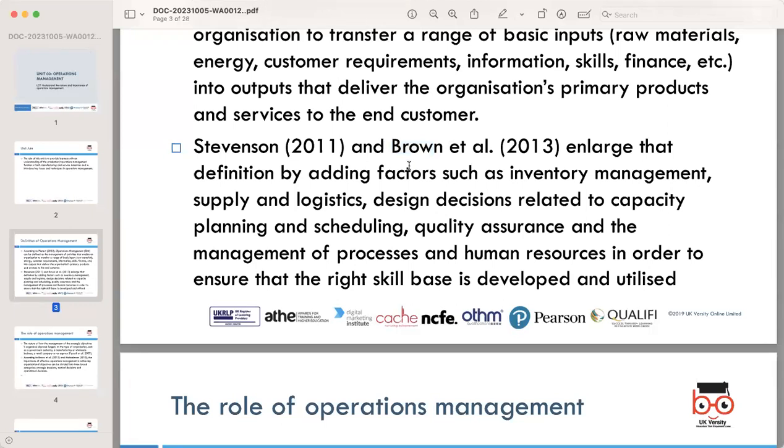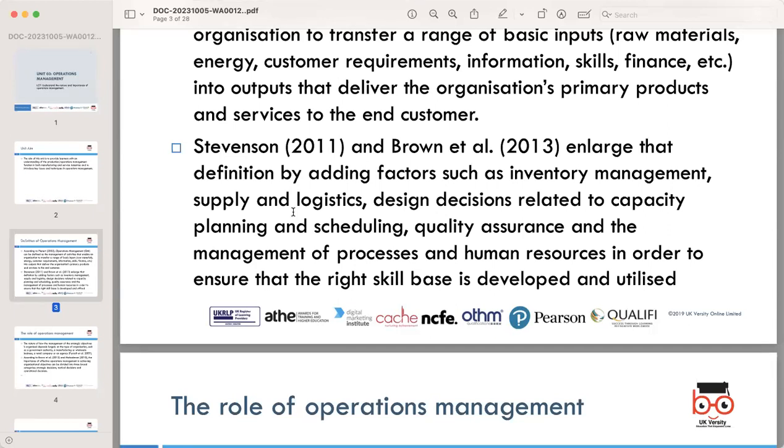2003 enlarged that definition by adding factors such as inventory management, supply and logistics, design decisions related to capacity planning and scheduling, quality assurance, and the management of process and human resources in order to ensure that the right skills are developed and utilized.